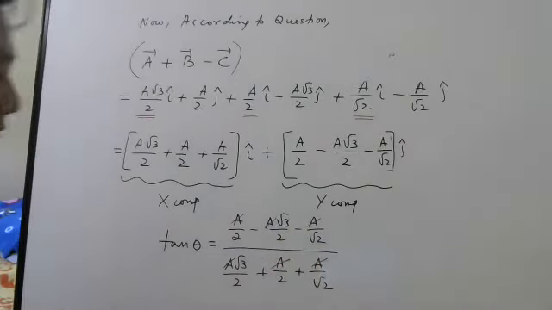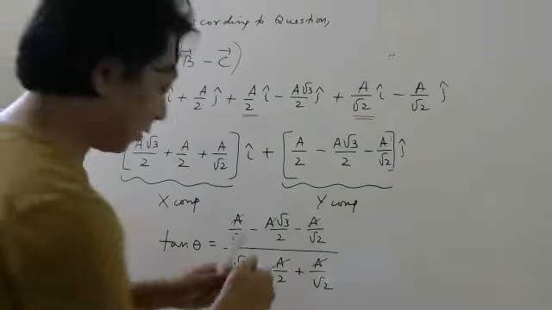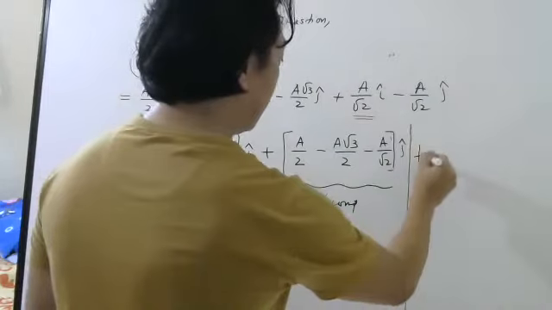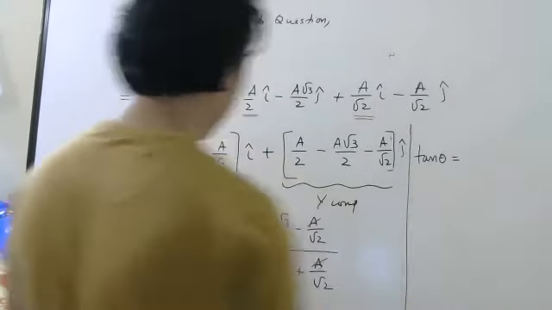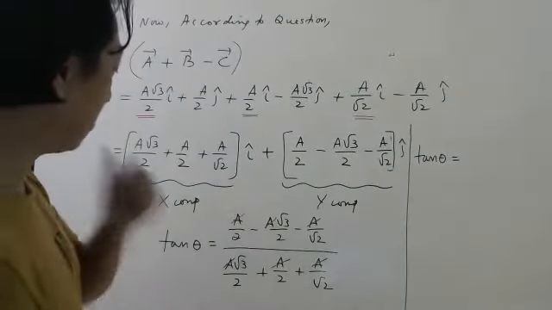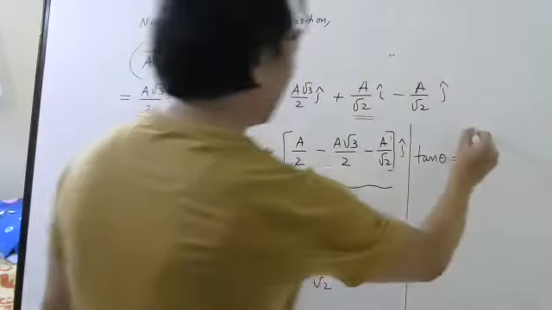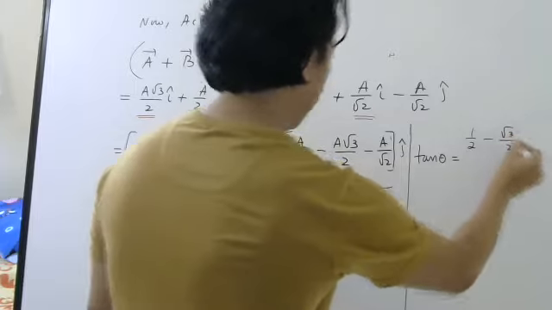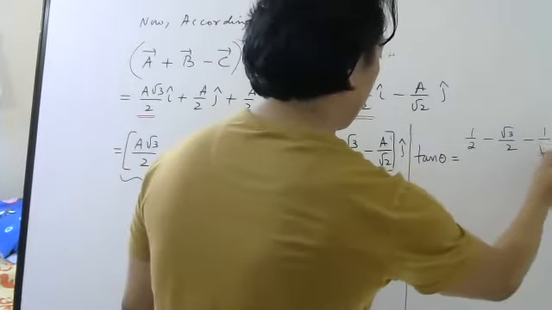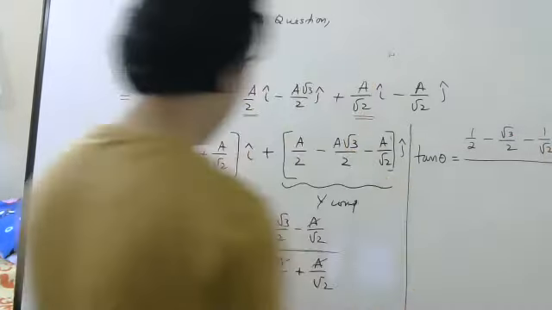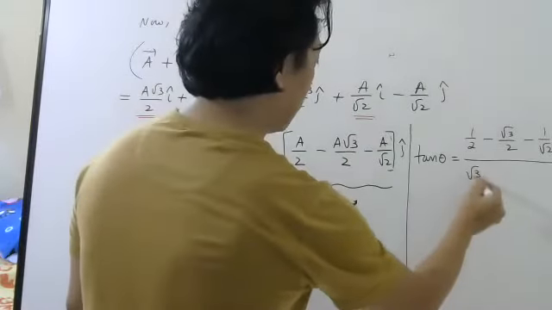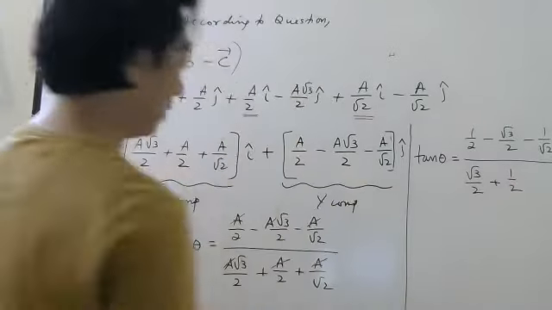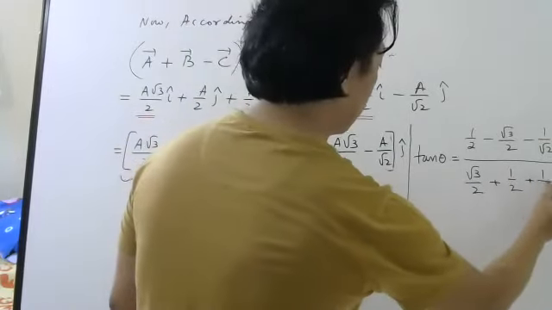So finally, what will be your tan theta? Direction will be given by tan theta equal to 1 by 2 minus root 3 by 2 minus 1 by root 2, divided by root 3 by 2 plus 1 by 2 plus 1 by root 2.